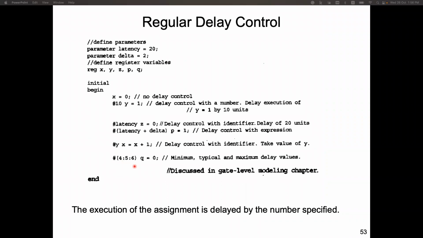We have seen this statement before in the gate level description. So 0 is assigned to Q. This statement is executed with a delay, but this delay has a minimum value of 4, typical value of 5, and maximum value of 6. And these are to be used by the simulator.